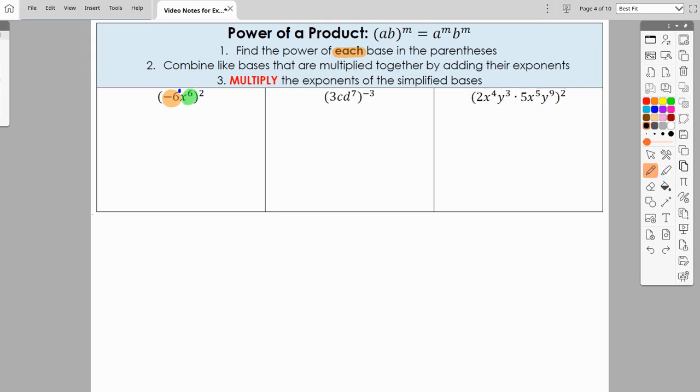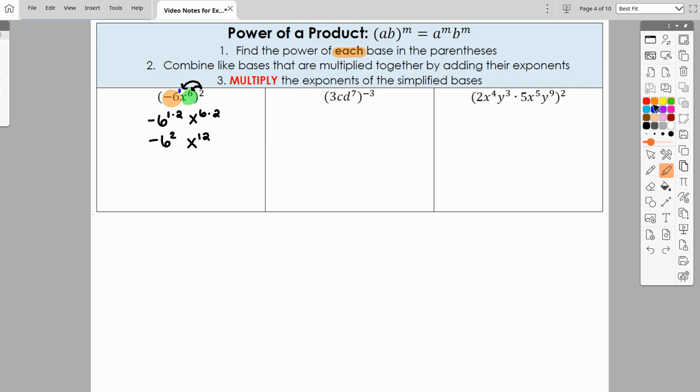We cannot combine them because they're different bases, but what we can do is step number 3, multiply the exponents of the simplified bases. So the 2 will get multiplied to the exponent 1 on the negative 6 base, as well as the exponent 6 on the x base here. From here, I'll multiply those exponents to get x to the 12th and negative 6 to the power of 2.